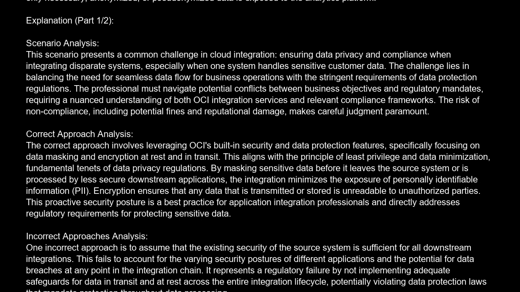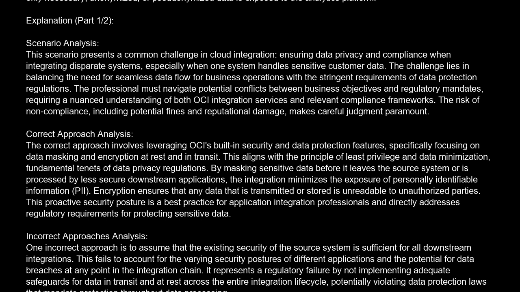Correct approach analysis. The correct approach involves leveraging OCI's built-in security and data protection features, specifically focusing on data masking and encryption at rest and in transit. This aligns with the principle of least privilege and data minimization, fundamental tenets of data privacy regulations.